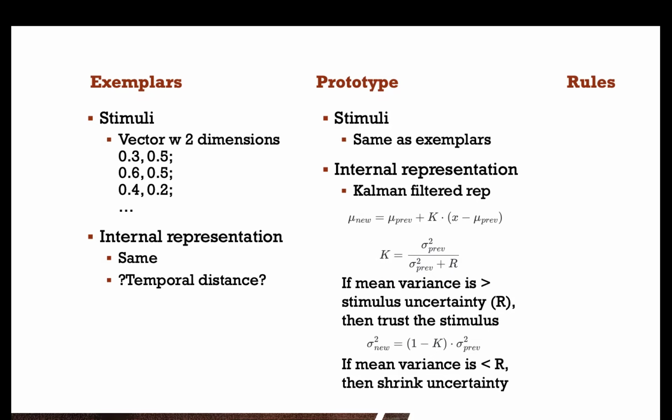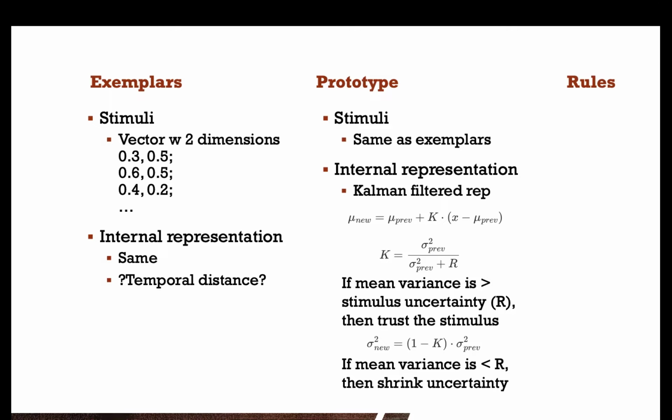Because you're going to get more and more confident. And that's not going to play nice with the two scenarios in which the rules are changing, right? Because you're going to get unduly confident.